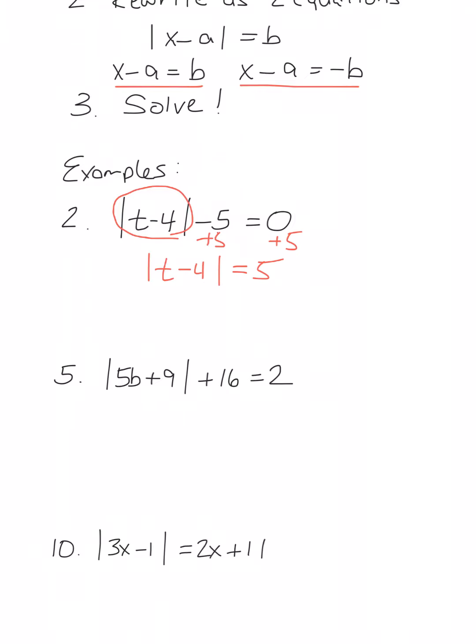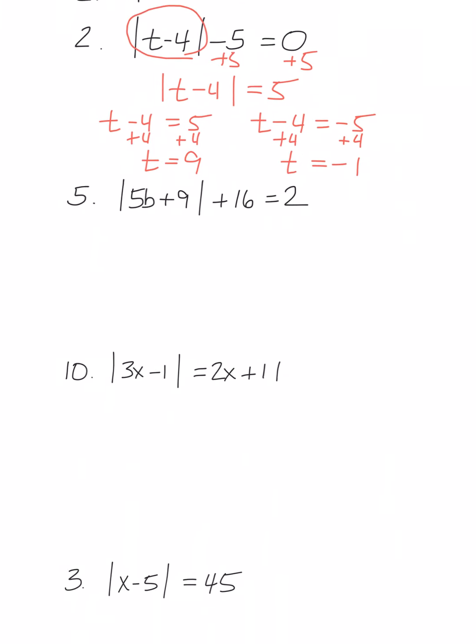And now I'm going to rewrite this as t minus 4 is 5 and t minus 4 is negative 5. Solve each one, add 4 here. So t is 9. Add 4 on this side, and t would be negative 1. And those would be my two solutions to that equation. If you plug them both in, they both check.